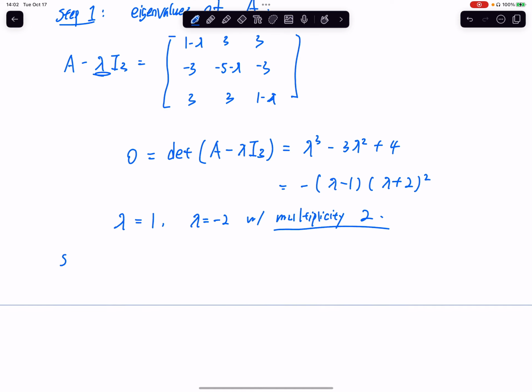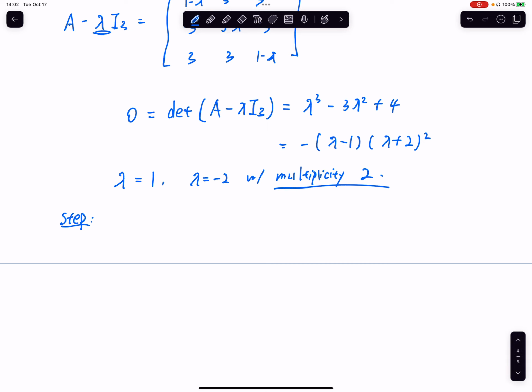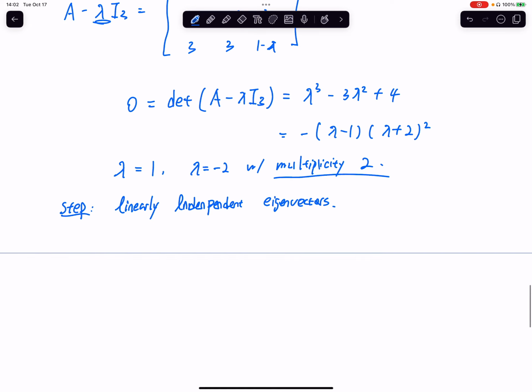And the next step, the most important step, is to find the linearly independent eigenvectors. Since this is a 3 by 3 matrix, we need 3 vectors.